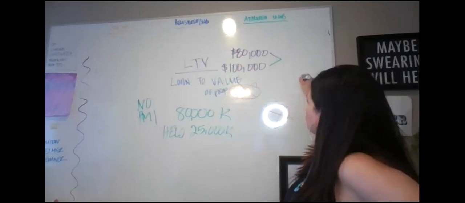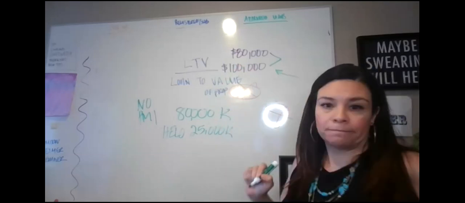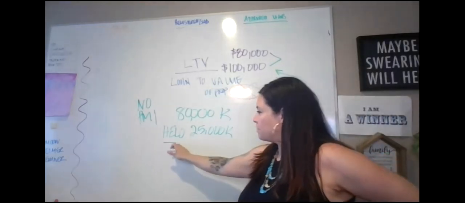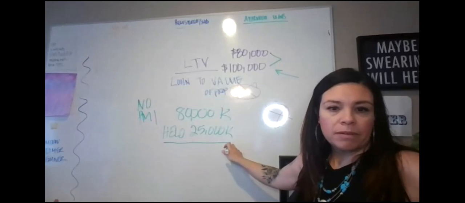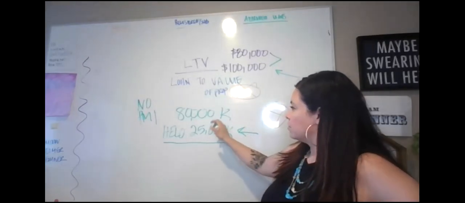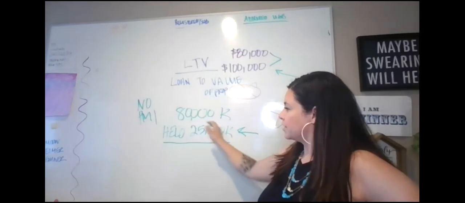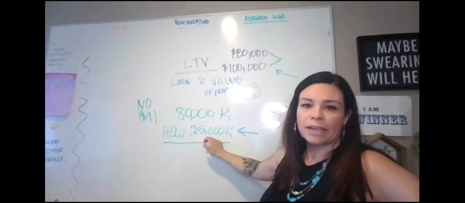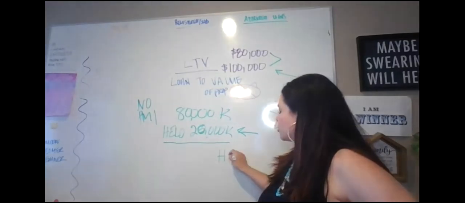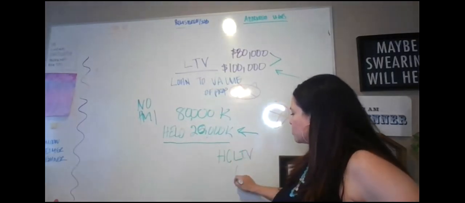The appraisal comes in at 100. They're not going to let you keep the HELOC at 25. And when you go to request the subordination, meaning let us refinance the first and leave the second in play, the second lender is going to decrease that HELOC to 20 because your HCLTV is 105.